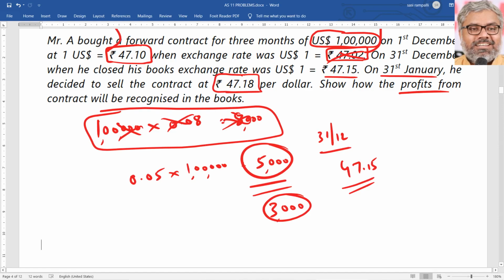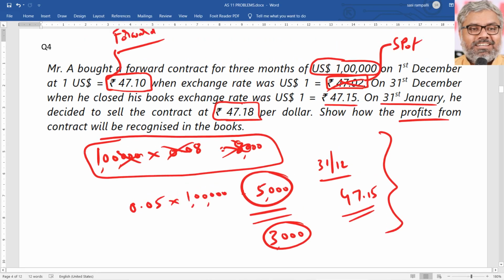As far as AS 11 is concerned, in relation to speculative forward exchange contracts, it tells two things. One, the initial premium or discount has to be ignored, that we did. Second, any difference in the price, which is nothing but marking to the market, at the date of preparation of financial statements, the forward contracts have to be marked to the market.